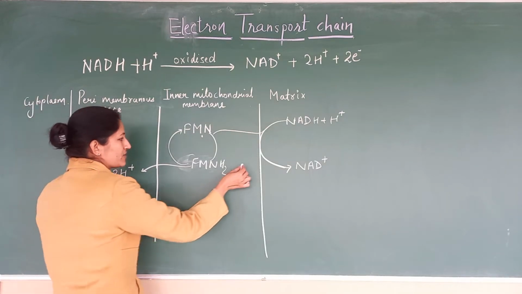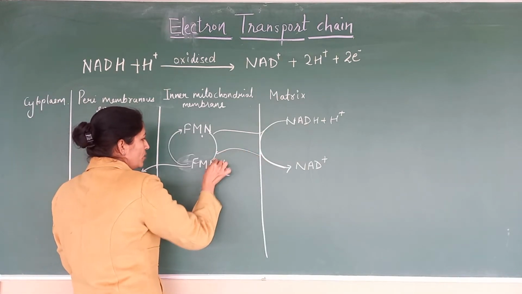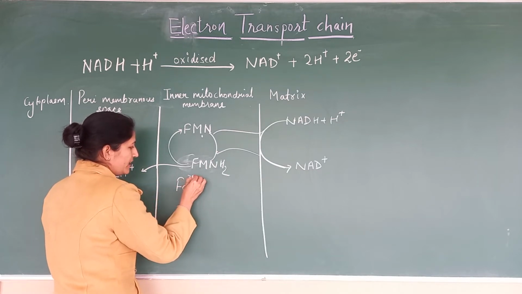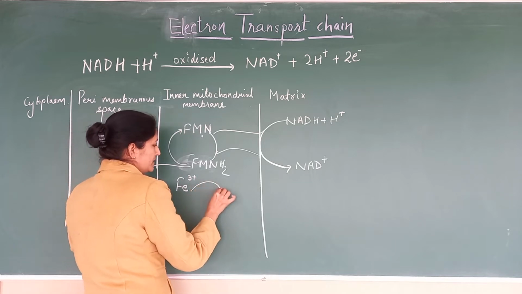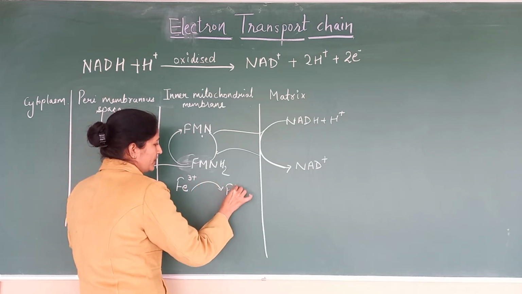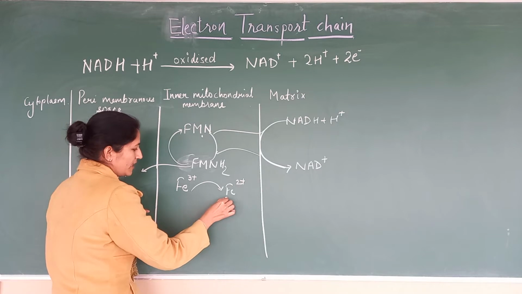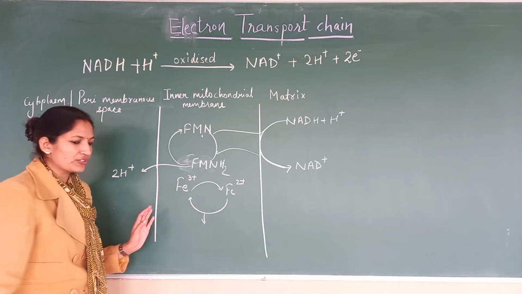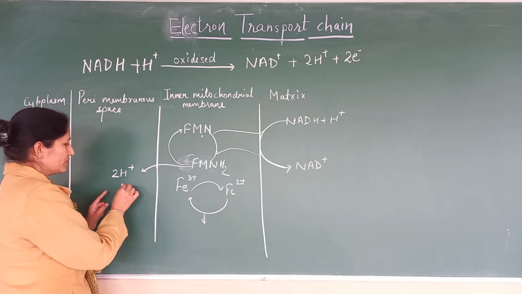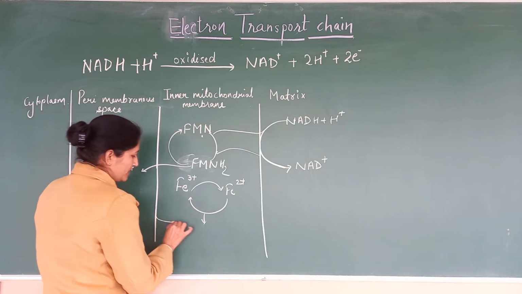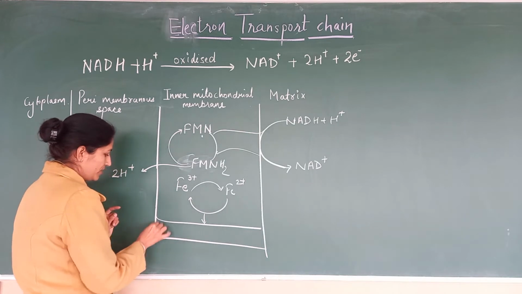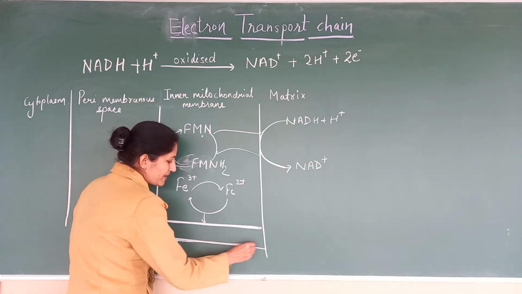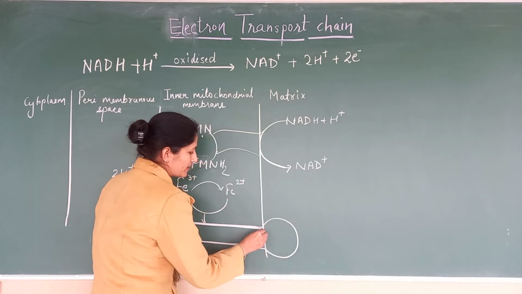Fine. And the electrons which are coming to this will now be transferred to ferric iron and this will form ferrous iron. Again this will continue and then the electron will be transported to the next one. Now these protons are to be transported via proton pumps which are embedded in the mitochondrial membrane.